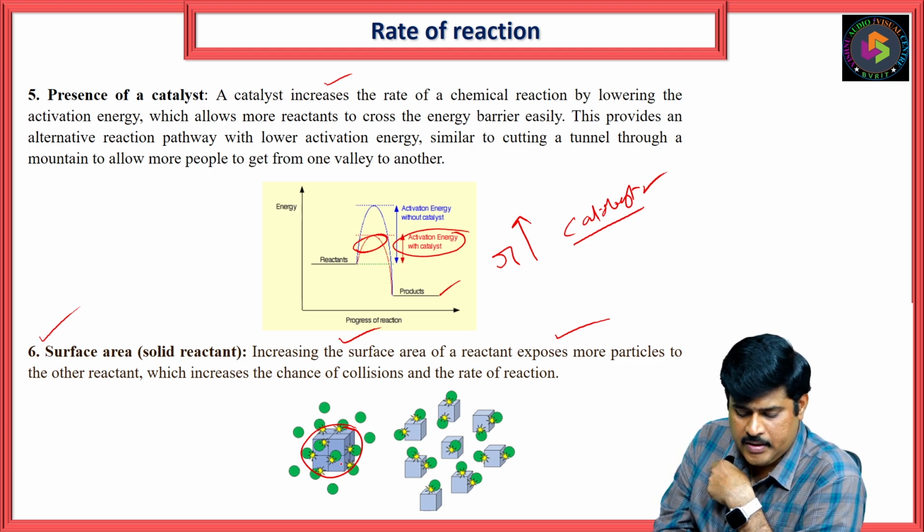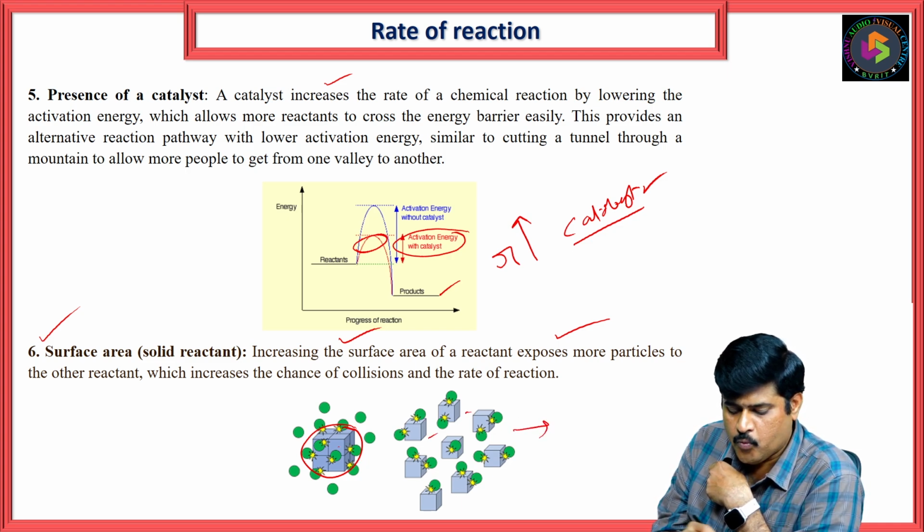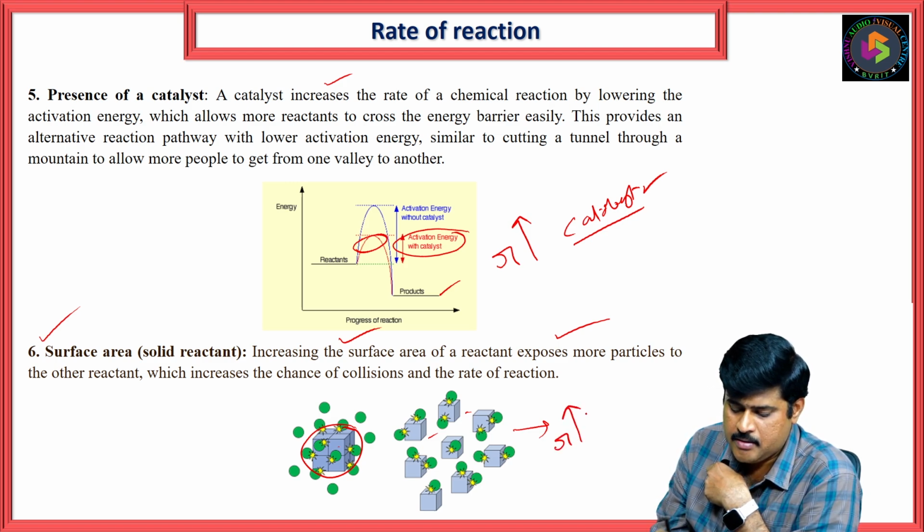If you increase the surface area by breaking this solid into pieces, there are more chances of formation of more product. That means increasing surface area increases the interaction between the molecules, or you can say the collisions, so that the rate of reaction increases. So the rate of reaction increases when the surface area of the solid is increasing.